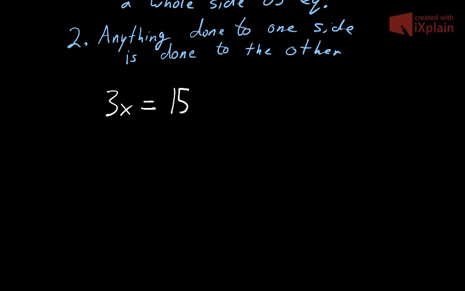Or what I can do is this 3 is multiplying the x, and the opposite operation of multiplication is division. So I'm going to take this side and divide it by 3, and I have to do that to the whole side. And then if I do it to this side, I also have to do it to the other. So I'm going to divide this side by 3. And what that gets me is x equals 5, because 15 divided by 3 is 5. 3 times x divided by 3 becomes just x.